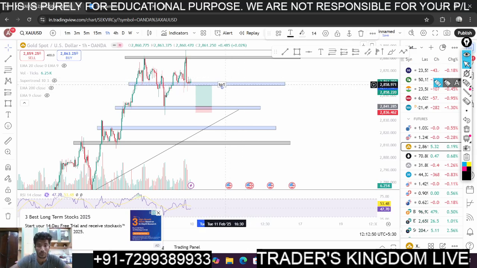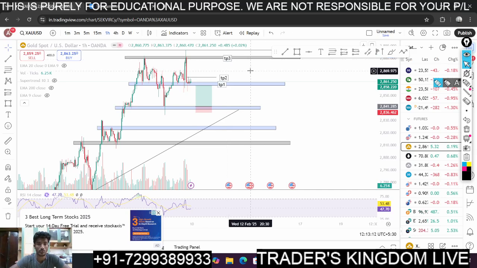We will have 3 TPs, 3 target prices. TP2 on the break of this level, and on the break of this closing price, which is the liquidity zone, then TP3 will be here. Are we clear? So this is how the trade is expected to work out.